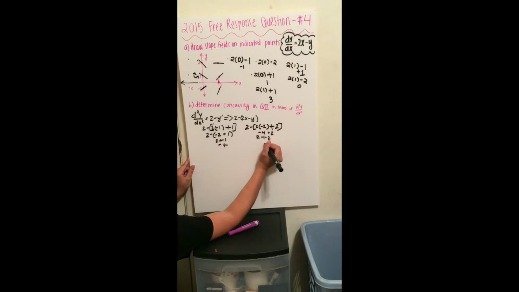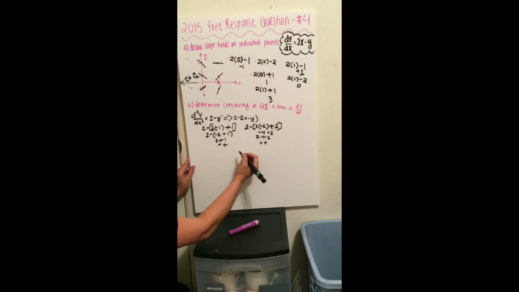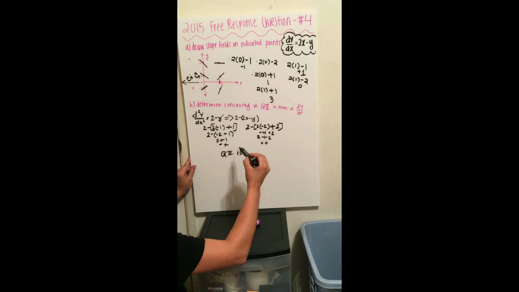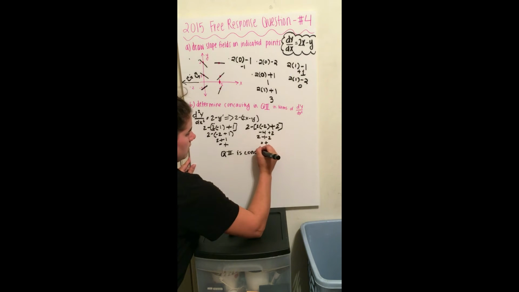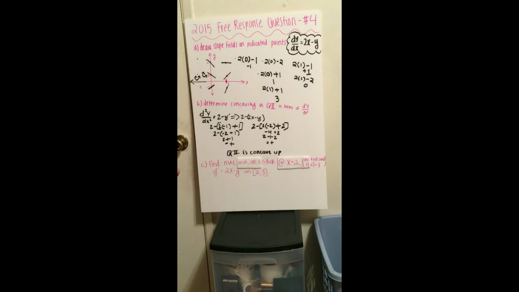This becomes plus, and it's equal to positive. So this point is also concave up. So we can determine that quadrant 2 is concave up.